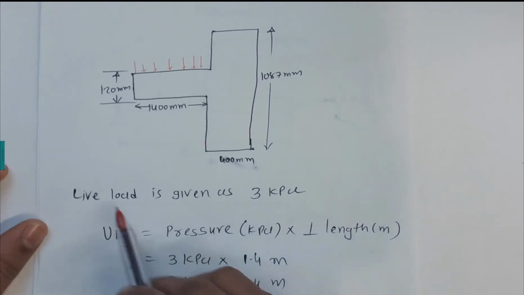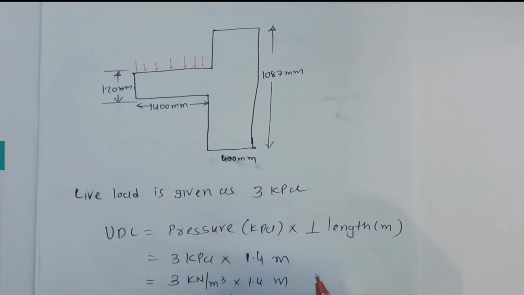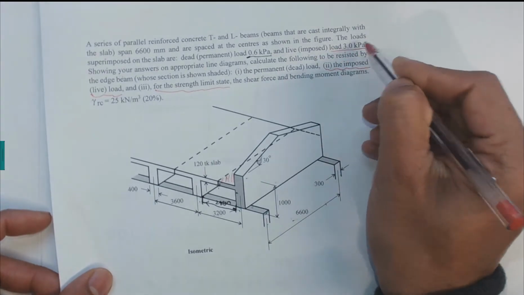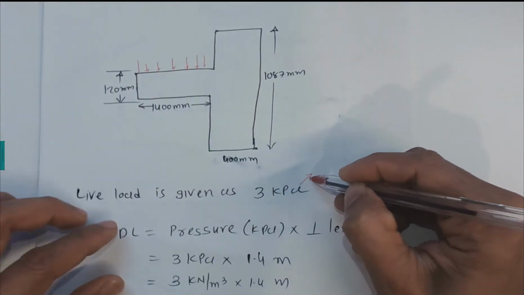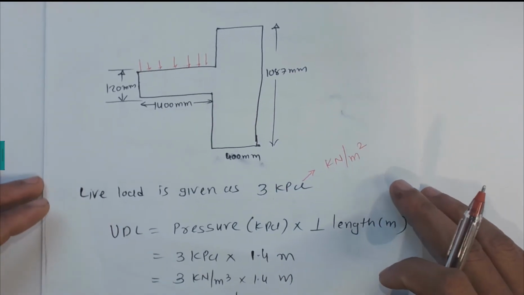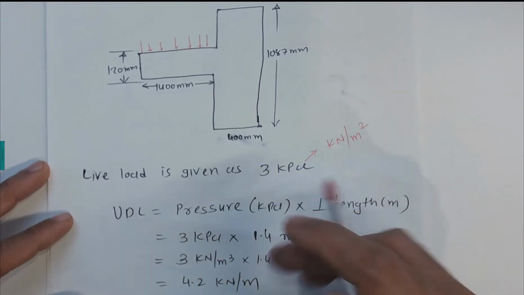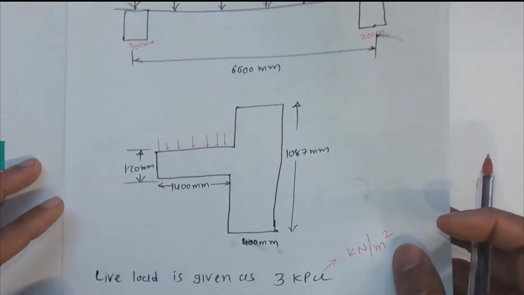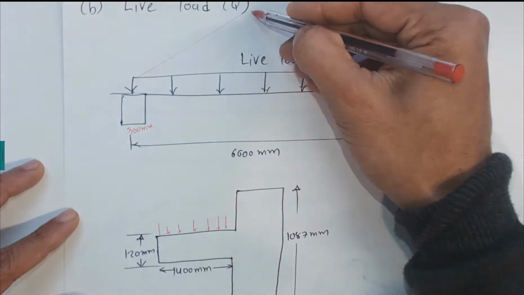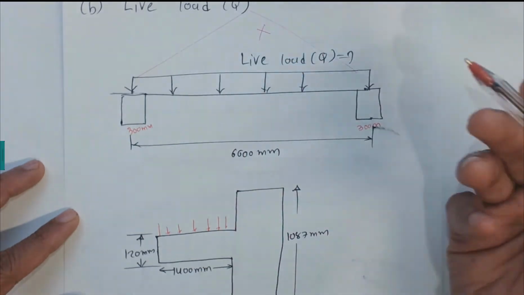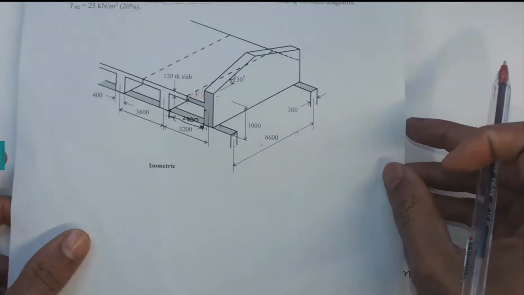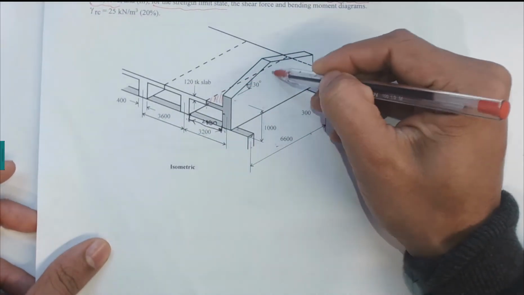Now the live load is given in the question, which is 3 kilopascals. Live load given 3 kilopascals, and a kilopascal is basically kilonewton per meter squared. For this live load we are mostly focusing on the UDL, because in the previous case we had these triangles, which are not coming into the picture here, because you can imagine that we don't have anyone walking on this portion.